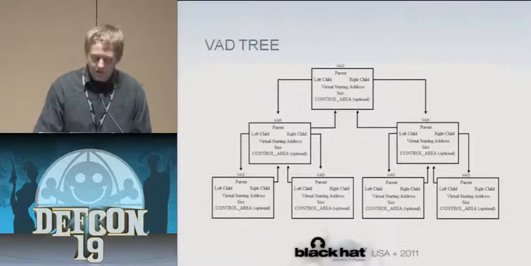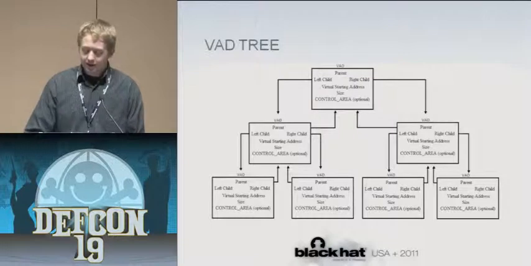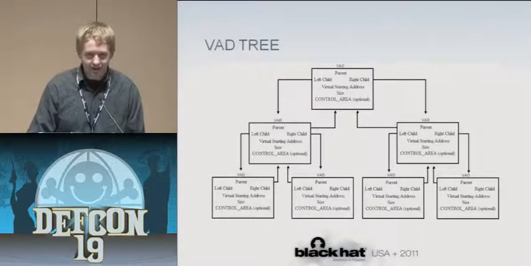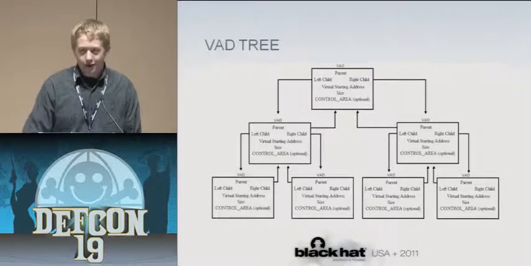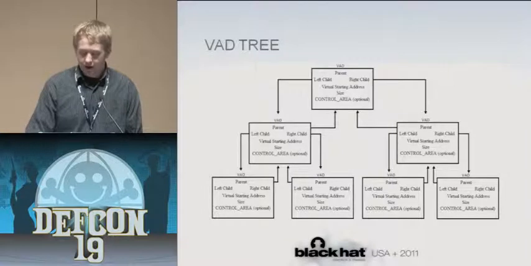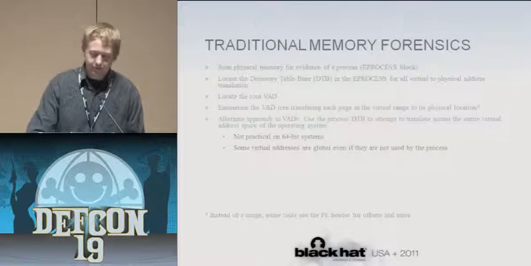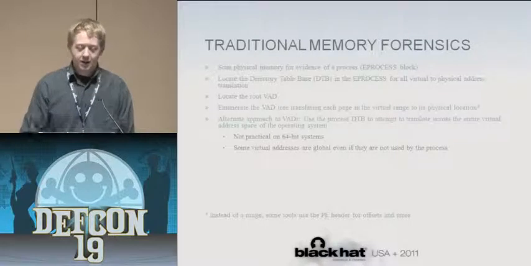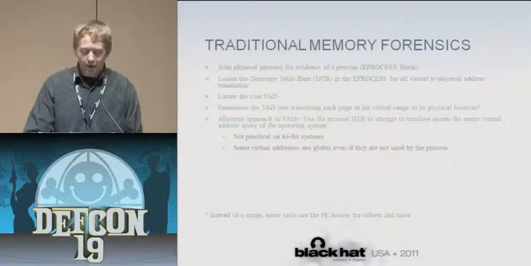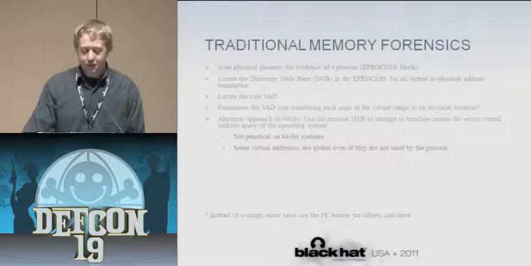Here's a representation of a typical VAD tree. You can see it starts with the VAD root, and each one of those VADs contains information about the virtual addresses of the process. Traditionally, you would scan physical memory for an EPROCESS block, and that lets you know that there's a process at that location.